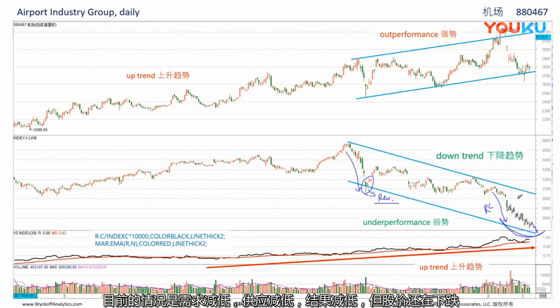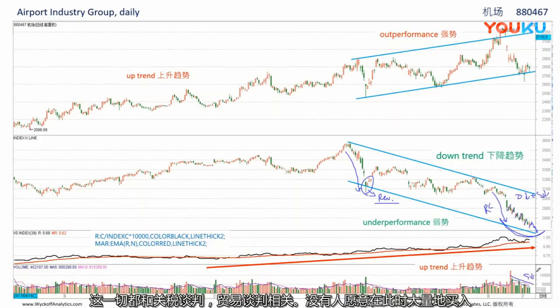So both demand is going down and supply is going down, while the result is decreasing, but we're still traveling to the downside. So it's all associated with the tariff talks, trade talks, and no one wants to come into the market and be aggressive.